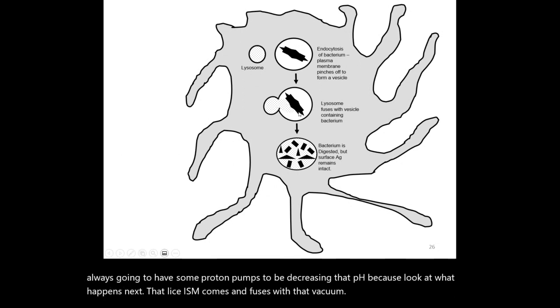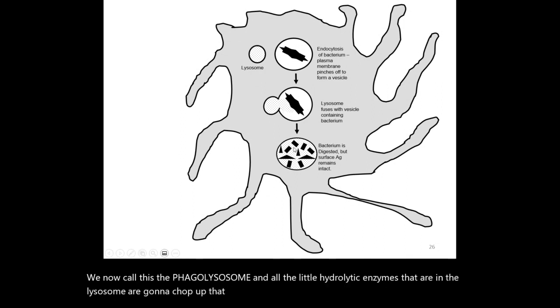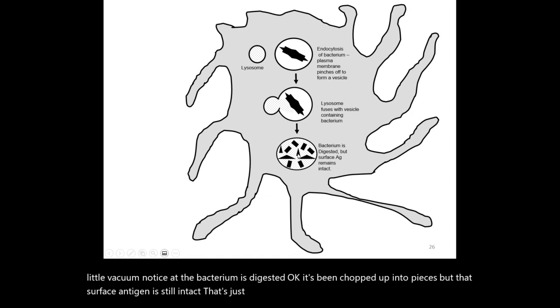We now call this the phagolysosome, and little hydrolytic enzymes in the lysosome chop up that bacteria. Here in this residual body, this third little vacuole, notice that the bacterium is digested. It's been chopped up into pieces, but that surface antigen is still intact. That's just one of the digested pieces.